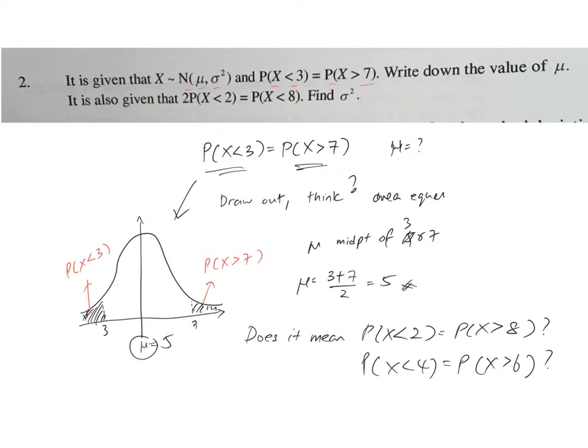All right, and next, very quickly, given that the probability of X less than 2 is equal to the probability of X more than 8, we need to find sigma squared. Next, given that 2 times the probability of X less than 2 is equal to the probability of X less than 8, how do we find sigma squared?